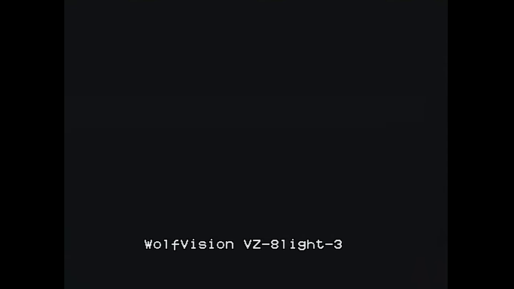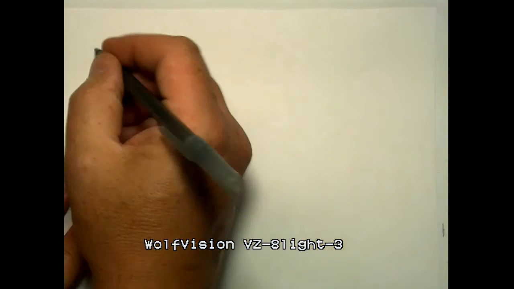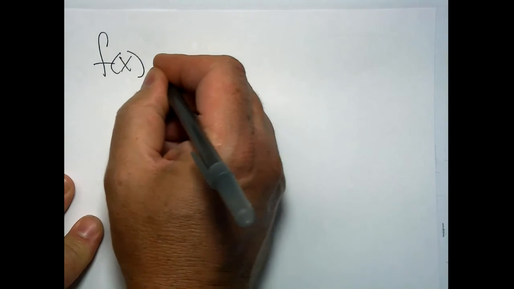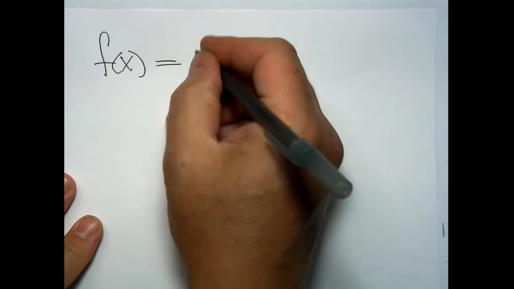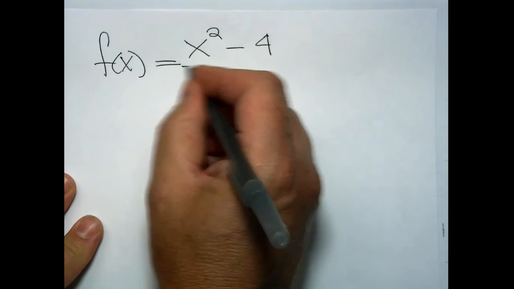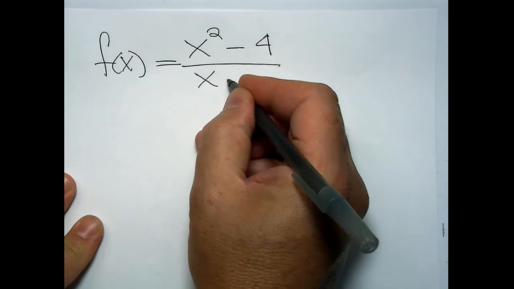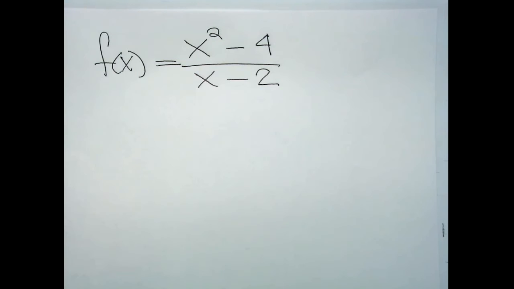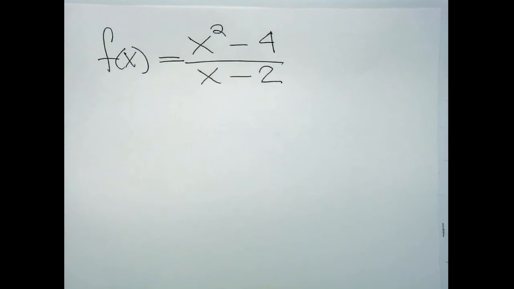So let me give you an example here. f of x equals x squared minus 4 divided by x minus 2.